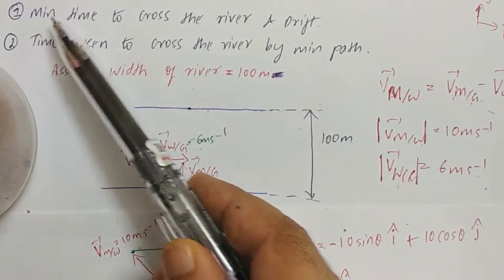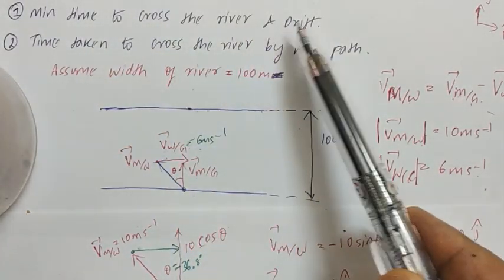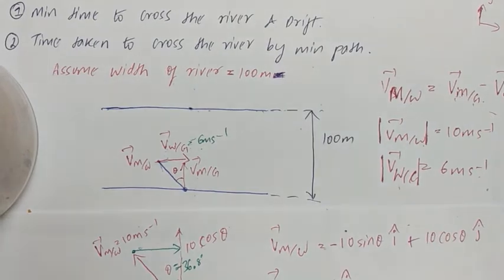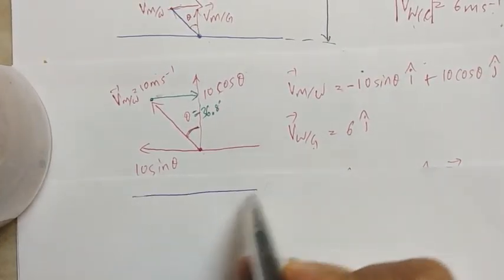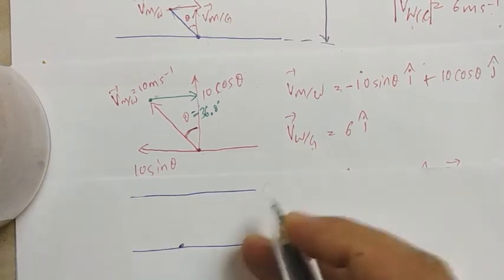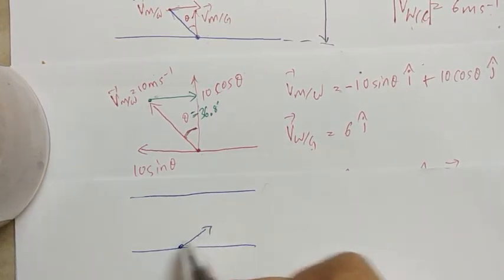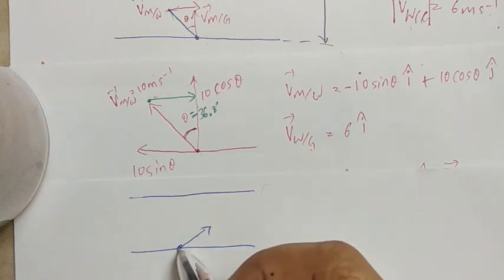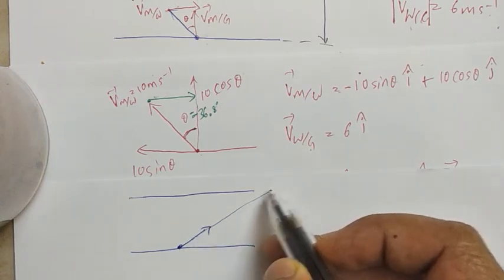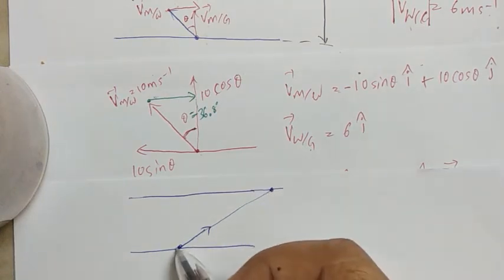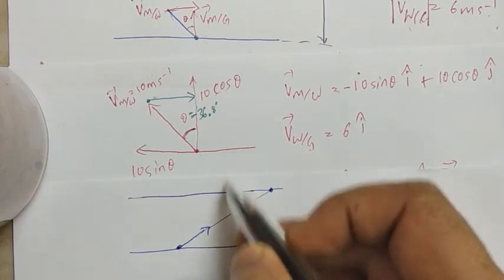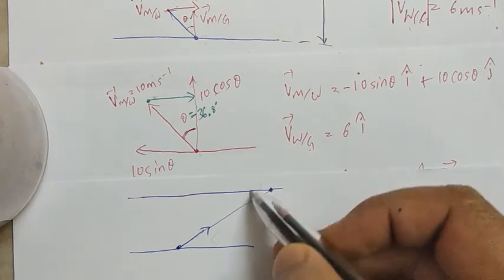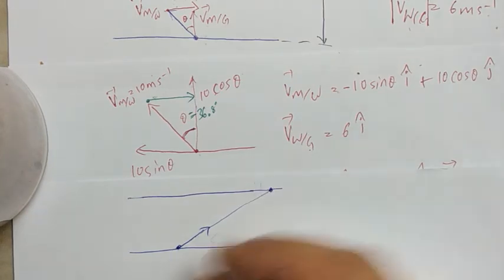Now in order to determine the minimum time to cross the river, we need to understand the fact that if the man is at this point and if he starts in this direction, then due to the flow of the river he would be drifted to a longer distance, and it would take a longer time for him to cover the distance of the width of this river.